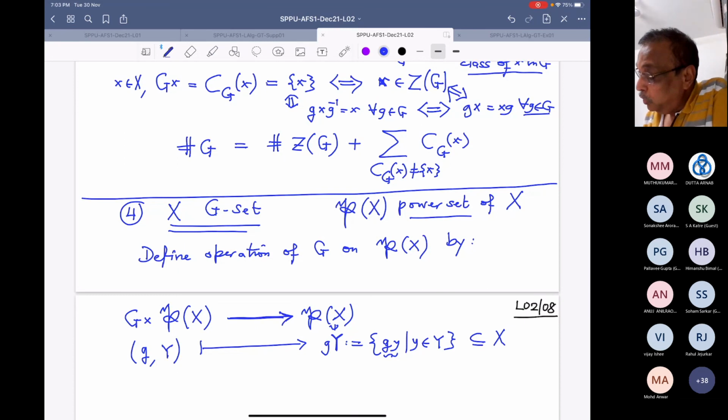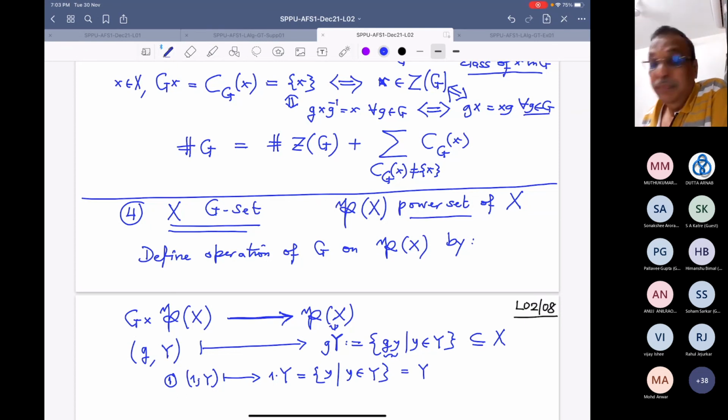Now I have to check 1 and 2. What is 1? If I take g as identity, where does Y go? It goes to 1 times Y, which is all 1 times small y. But 1 times small y is y because G is operating on X. So this is the set of y such that y is in Y, which is the same thing as Y. So 1 is satisfied.